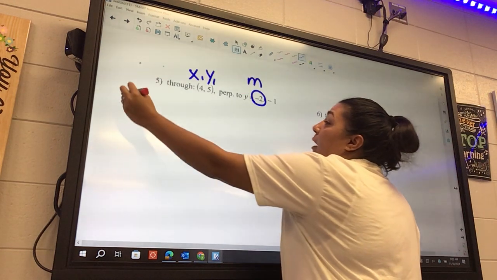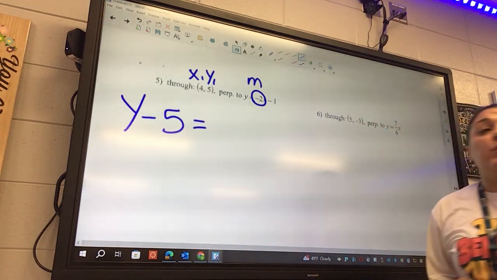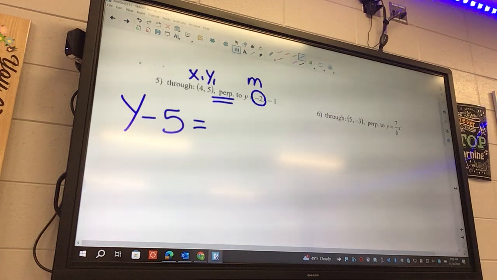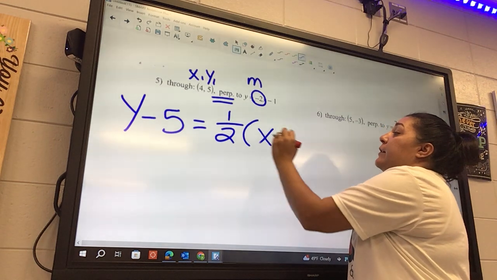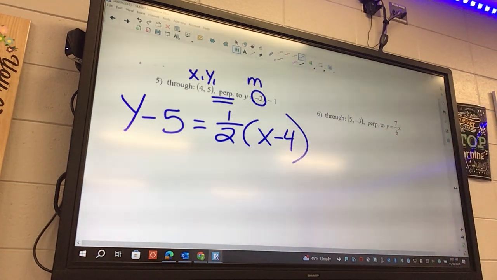So it's going to look like y minus 5 equals. This one says perp, so we need to flip it and change it. What's the new slope? Positive 1 over 2, x minus 4. We've got 2 left.